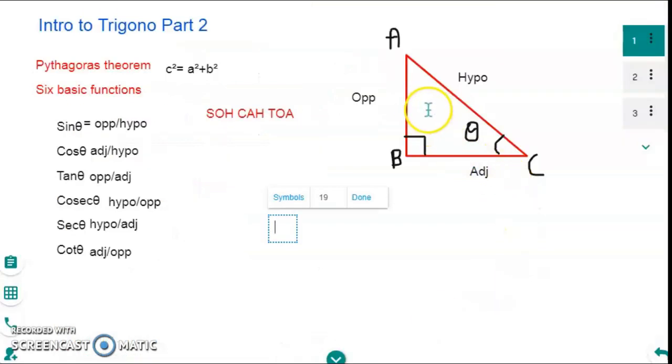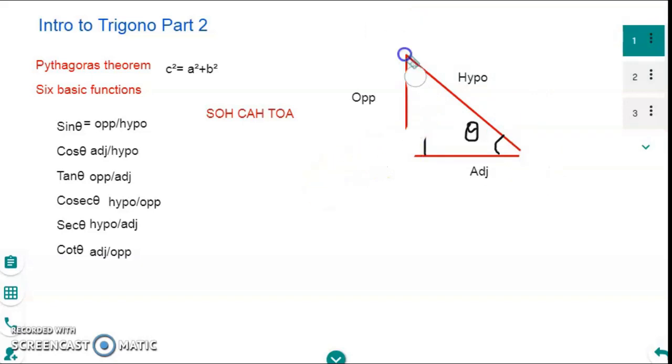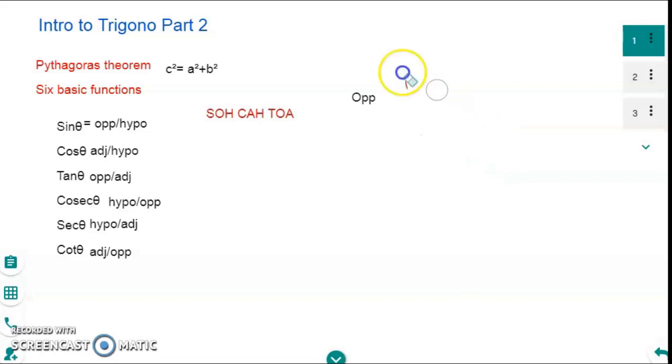So we're going to erase this triangle and take a new triangle, because we had made C our angle. Actually, I'm going to draw the new triangle so you guys don't get confused.